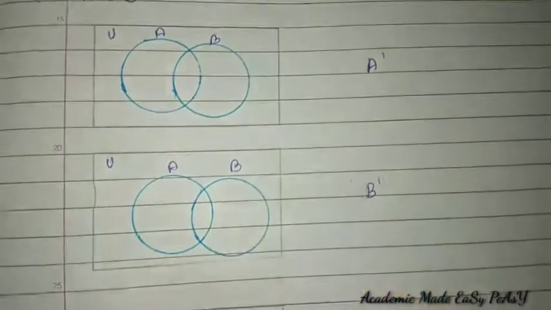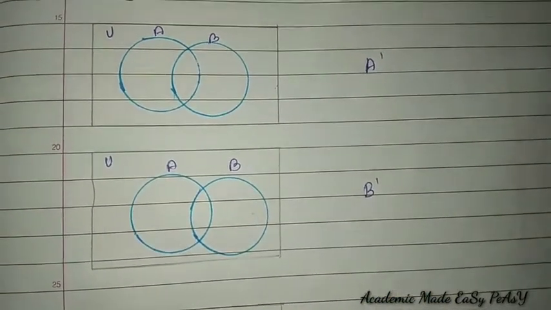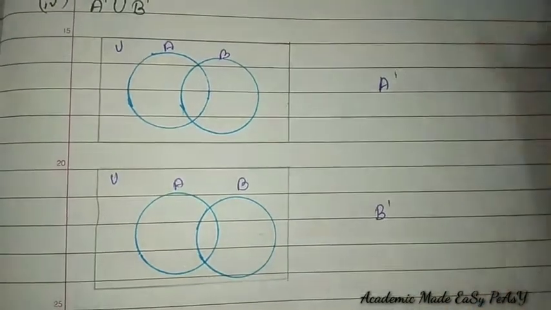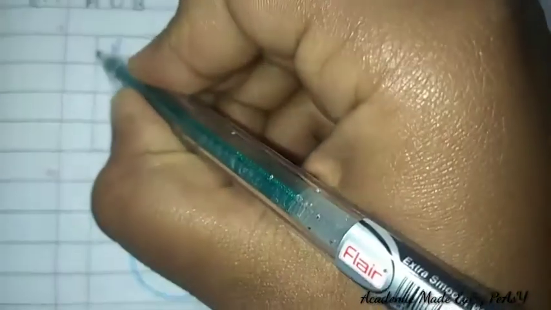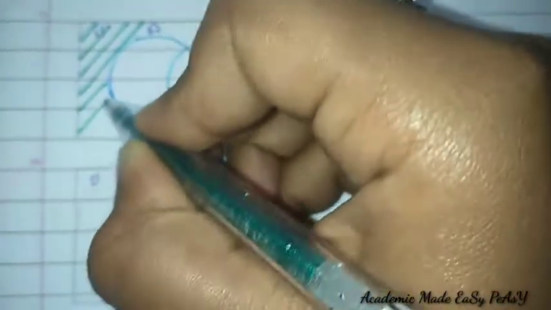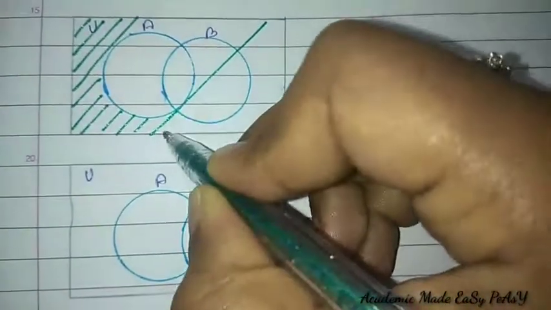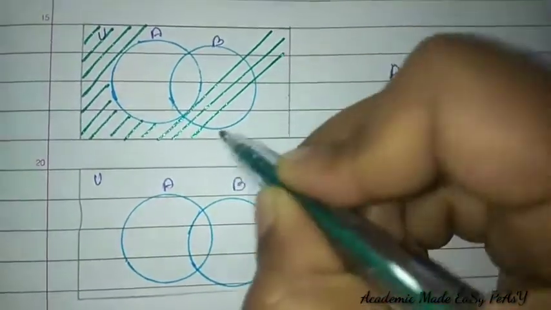Let me have this as U, A, B, universal set, set A, set B. Now we will find only A dash. A dash means except the circle A, we will shade the other places. So this is my A dash.